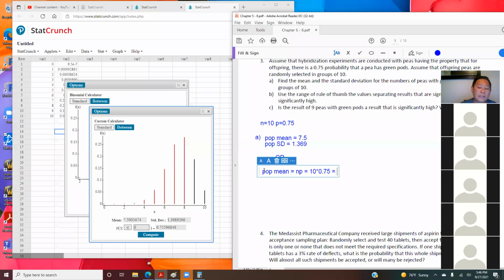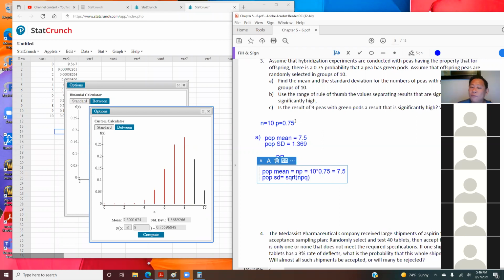Can someone tell me what is 10 times 0.75? It's 7.5. Yeah. You get the same thing as here. But do you need to do all this crazy work? No. Now, the population standard deviation is the square root of npq.